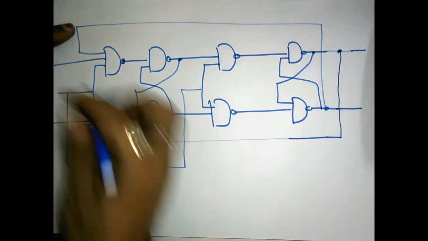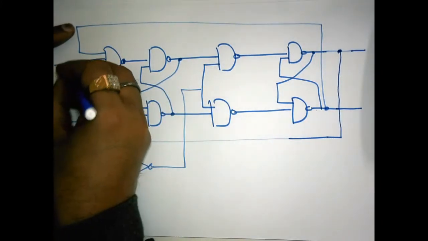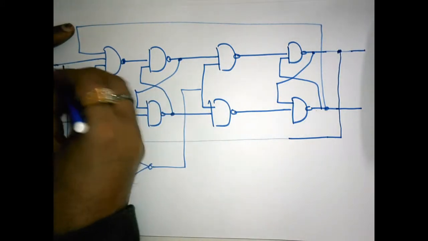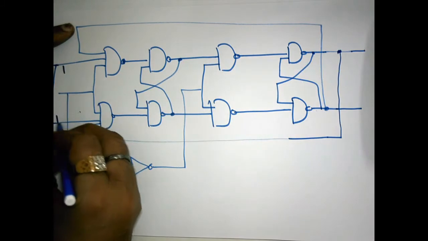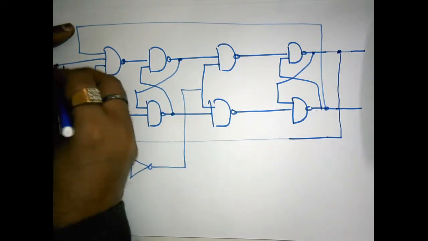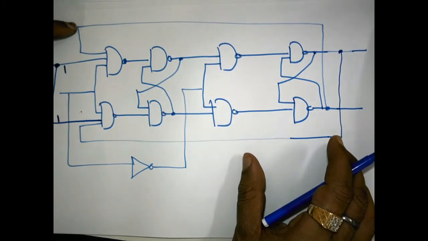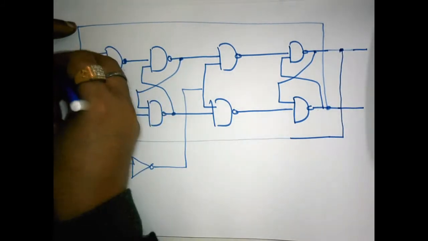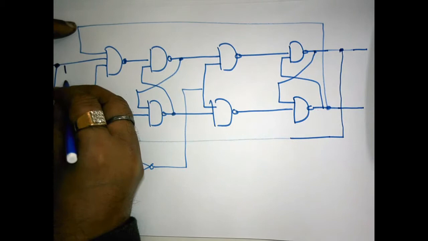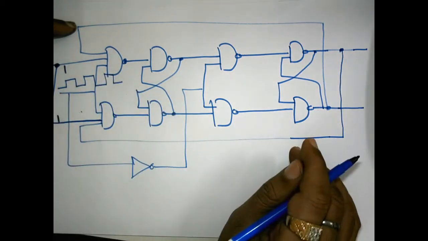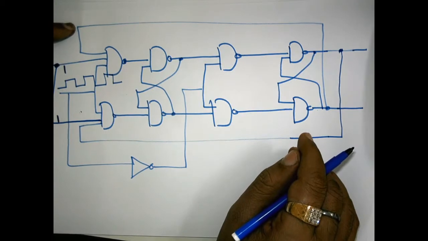Suppose we have permanently applied 1 at this point and 1 at this point, meaning thereby we have simply attached these two inputs at a single point. You imagine the situation. This has been attached to a single point and 1 has been applied over here, and the clock is alternating this way. 1 0 1 0 is appearing at the clock. Then you see what will happen.